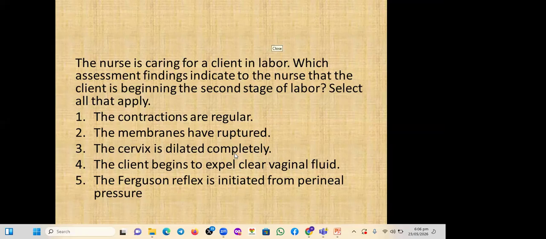All of it. Yes. See, the question wants which of these is peculiar to stage 2. The question wants which of these assessments is peculiar to stage 2. So that is what the question is demanding.